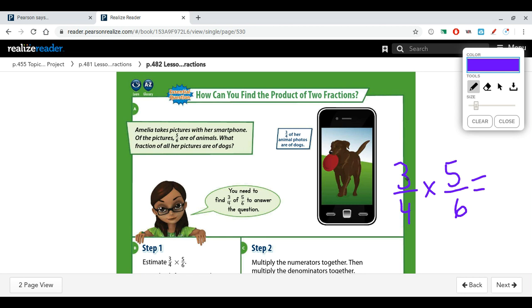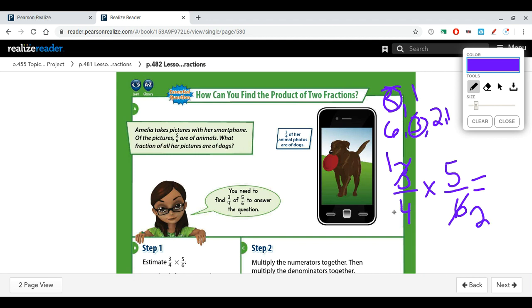So I'm going to look at my cross canceling. I'm going to start with 3 and 6, looking for a number that I can divide both 3 and 6 by. 3 can be divided by 3 and 1. 6 can be divided by 6, 3, 2, and 1. The factor that they have in common is 3. So I'm going to divide 3 by 3, which is 1. 6 divided by 3 is going to be 2.